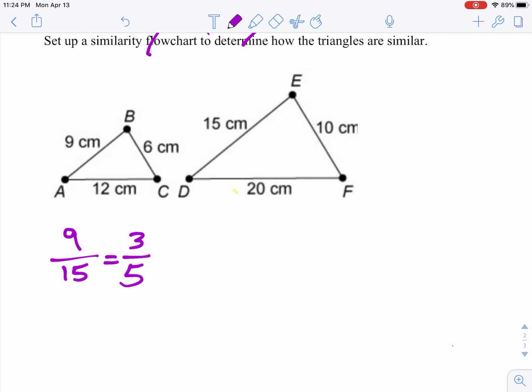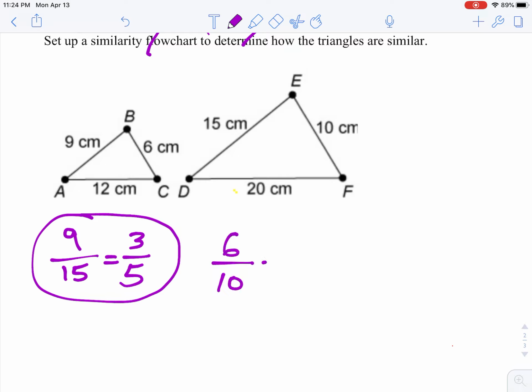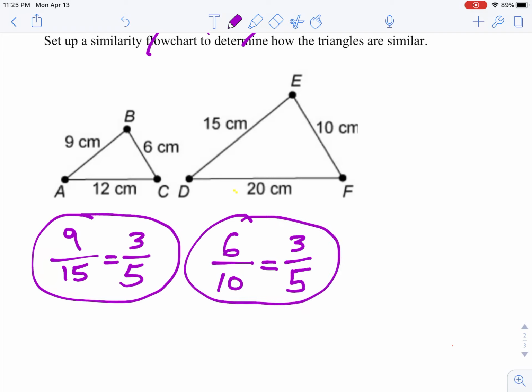So we know that 9 over 15 equals 3/5, so that's one pair of corresponding sides. Another pair of corresponding sides would be the 6 and the 10, because they're both the smallest sides. Let's see what number can go into 6 and 10. 2 can go into 6 3 times, and 2 can go into 10 5 times. We know that 6/10 is equal to 3/5.